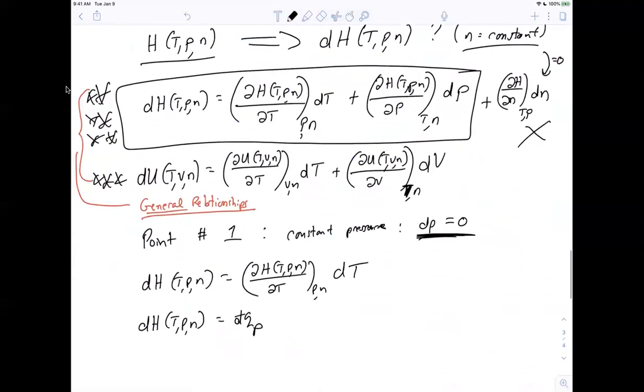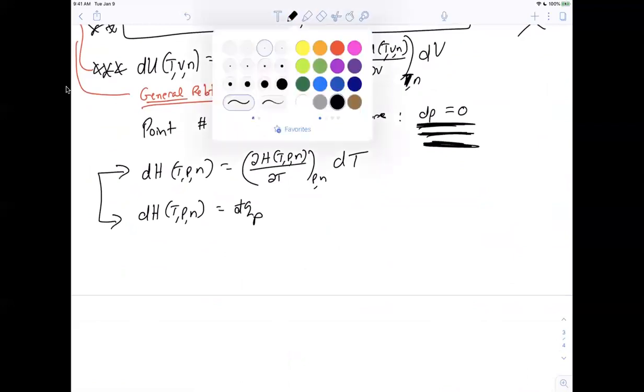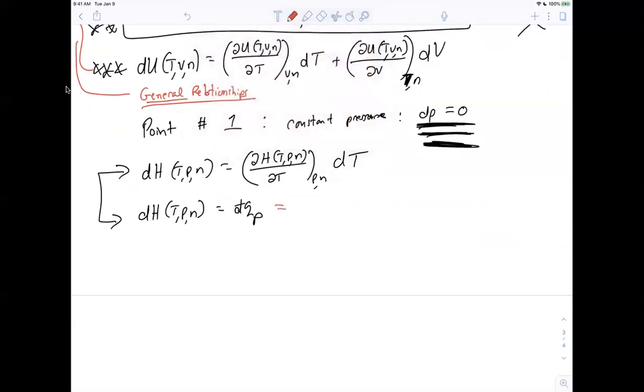So we can write two expressions here, this one and this one, at constant pressure. Again, I remind you, we have constant pressure. But we know what dQ is at constant pressure. We've seen this expression for dQ sub P a few weeks back when we were looking at heat interactions: dQ sub P is equal to C sub P, this path-dependent heat capacity, the constant pressure heat capacity, which is a function of temperature, times dT.